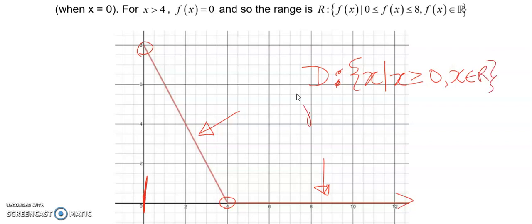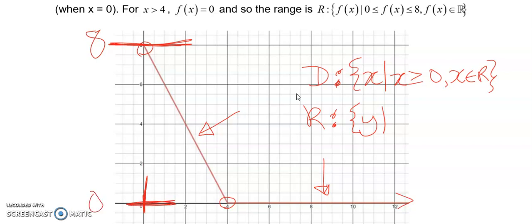Now for the range of these pieces, it's the same thing as saying how far up does the graph go and how far down does the graph go. Well, there's the highest. That's as high as it gets. And that's got a y value of 2, 4, 6, that's got a y value of 8. How far down does the graph go? Well, right there, look. That's the smallest it gets.